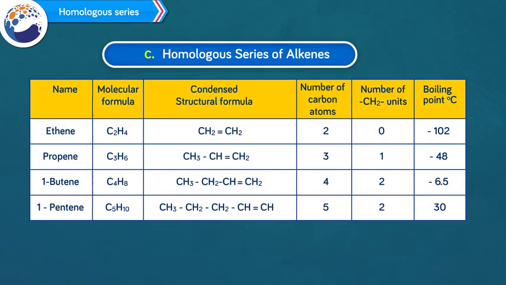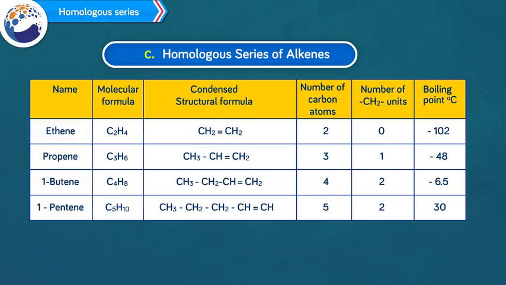C. Homologous series of alkenes. Ethene, molecular formula C2H4. Structural formula CH2=CH2. Number of carbon atoms 2. Number of CH2 units 0. Boiling point is -102. Propene, molecular formula C3H6. Structural formula CH3-CH=CH2.